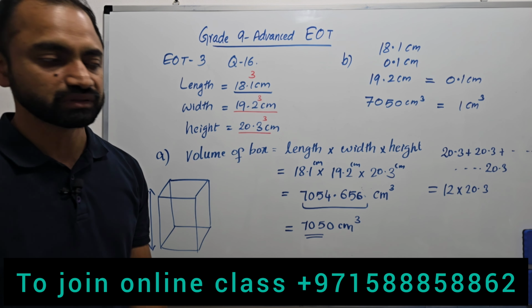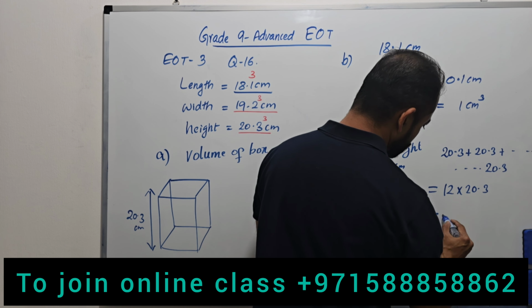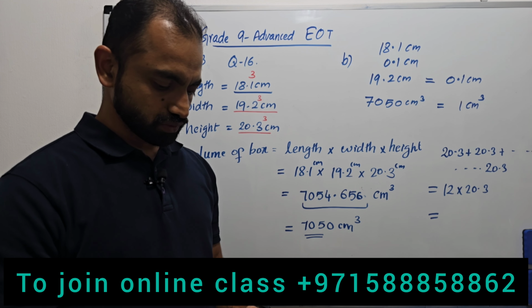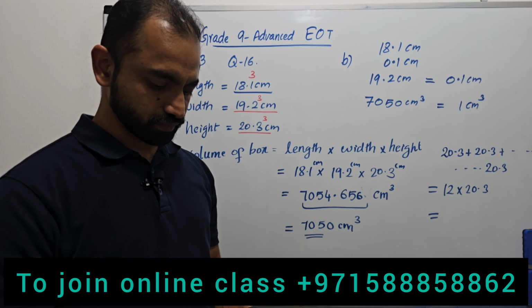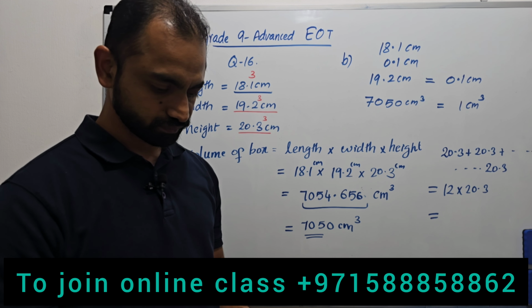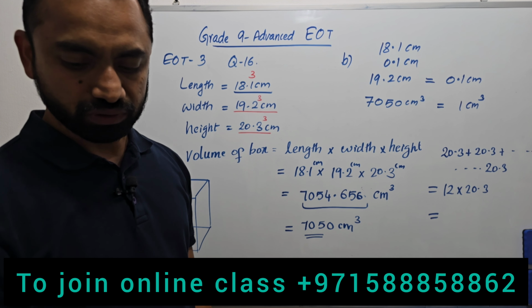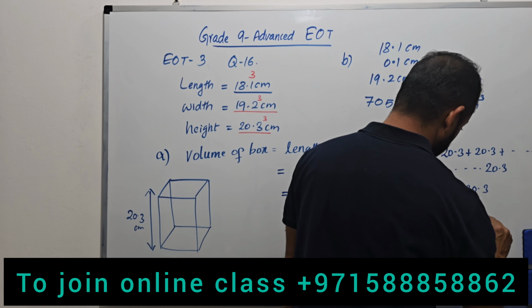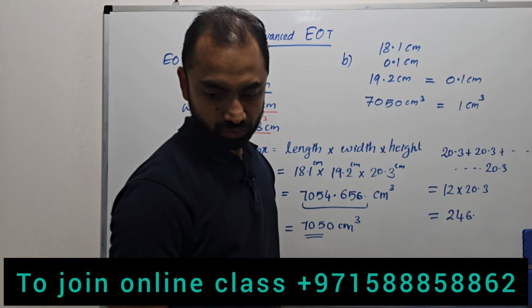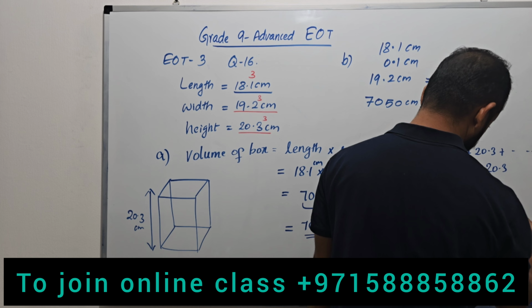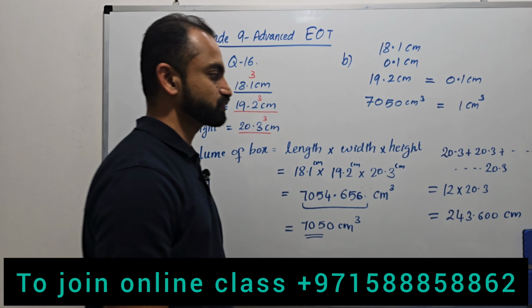What is 12 times 20.3? 243.6. Very good. 243.600 centimeter, right? The answer will be in centimeter.